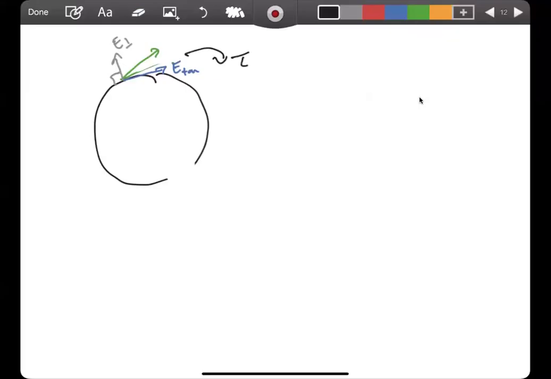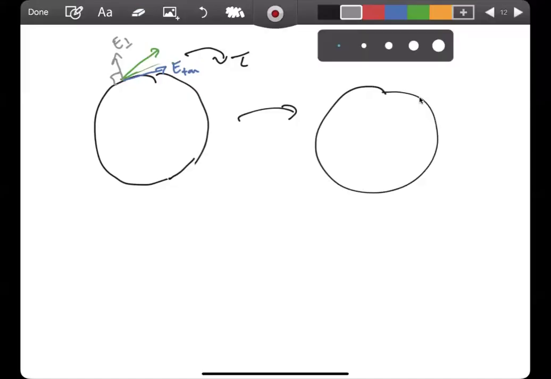And that torque then is going to try to rotate the particles around until there is no more torque, which basically means that this guy is going to find a configuration where the only total electric field points perpendicular to the surface of the conductor. So basically, if there's any tangential portion, it's just going to cause this guy to redistribute itself under the torque, causing him to have only a perpendicular component of the electric field.